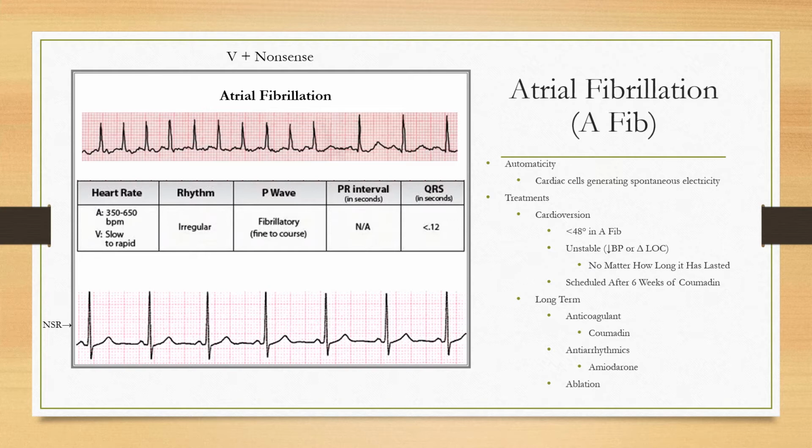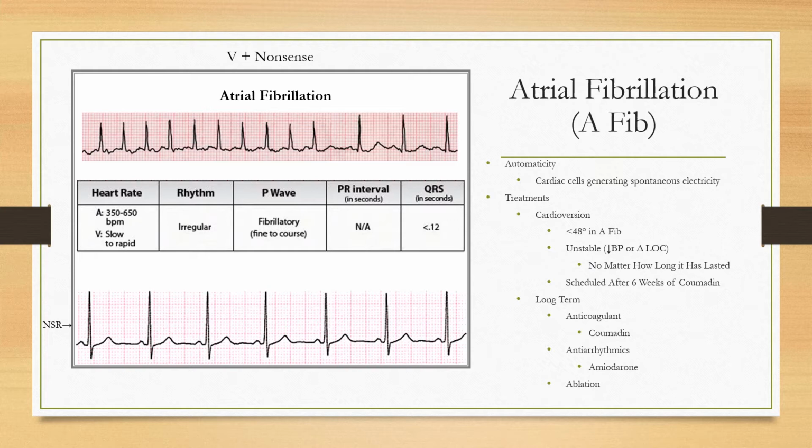How many of those beats is the AV node allowing to get through to the ventricle? If it's allowing many beats to get through, you're going to have a very fast heart rate, so it's going to be atrial fibrillation with tachycardia. If it's only allowing 60 to 100, it's just going to be atrial fibrillation, but not tachycardic.